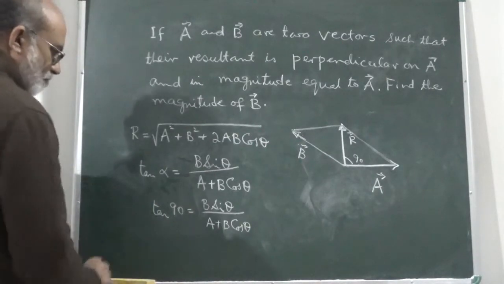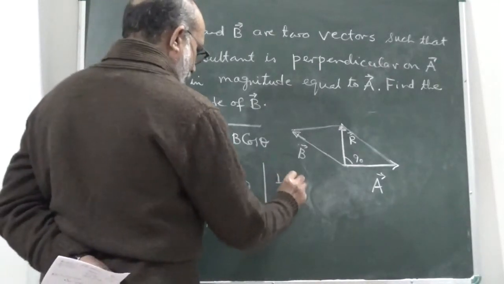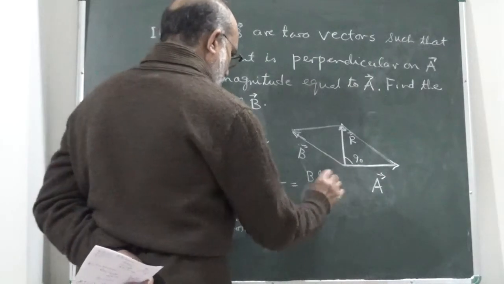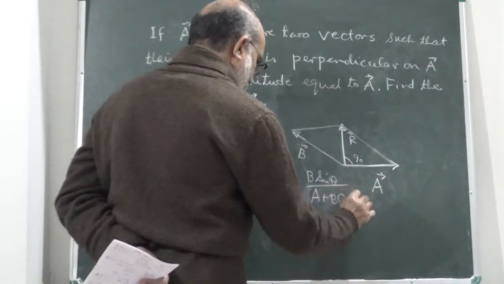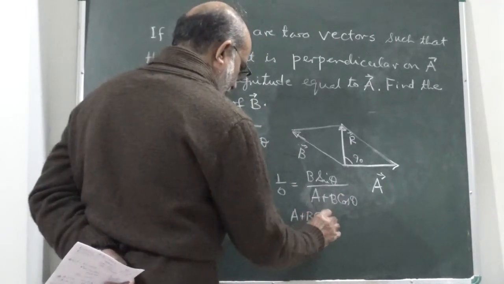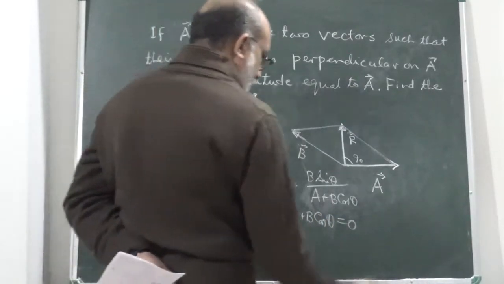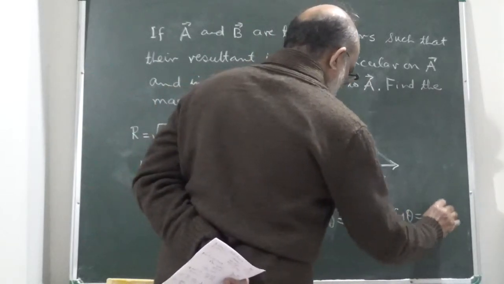So the denominator A plus B cos theta is equal to 0, which means B cos theta is equal to minus A.